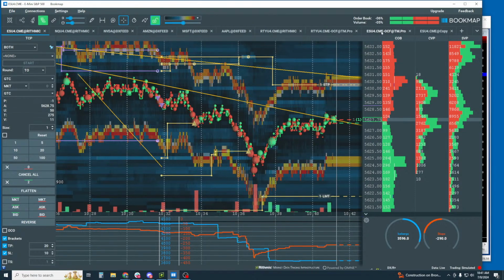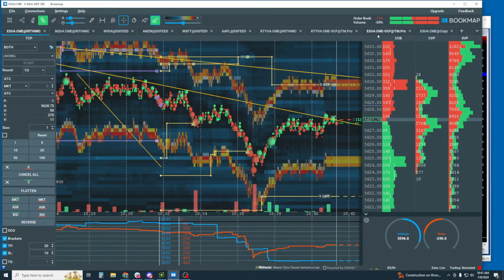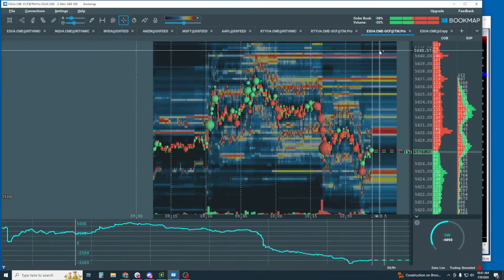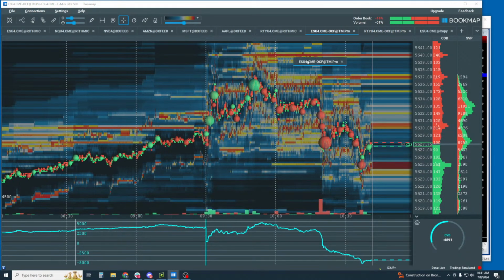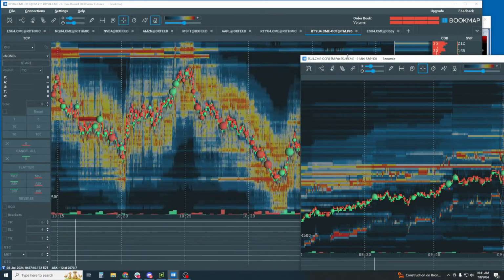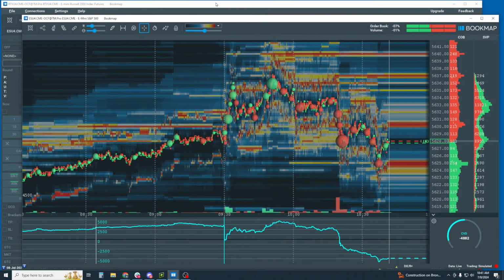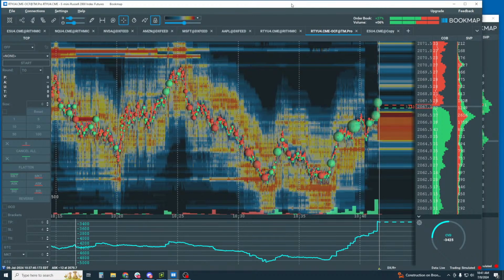Okay, let's take a look at our TraderMap Pro. One of the things I've been looking at for TraderMap Pro as well has been, well, pop it out here. You can double click on this. You can drag and drop it out of the tabbed version here, and we can put it here so we can get quick access to it.